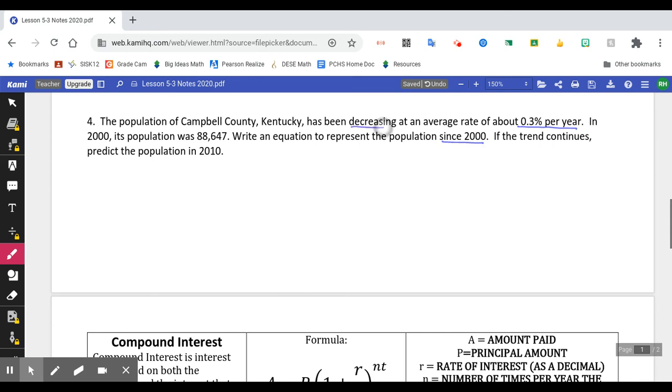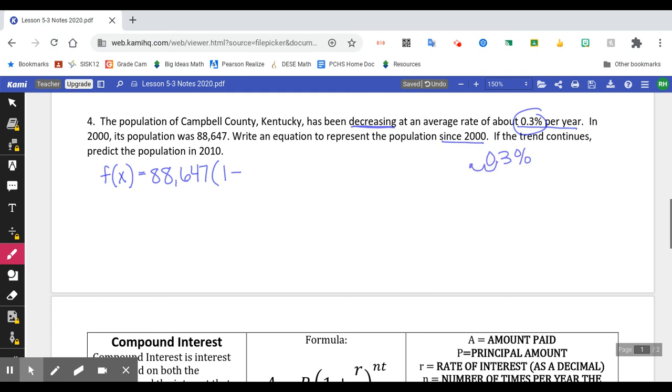Again, it's decreasing, so we know it's going to be 1 minus in our b value. So I've got f of x equals, my starting amount was 88,647 people, 1 minus. Now, this is already a decimal, but that doesn't mean anything right now. We still have to change it from a percent to a decimal value. So we still have to go 1, 2.